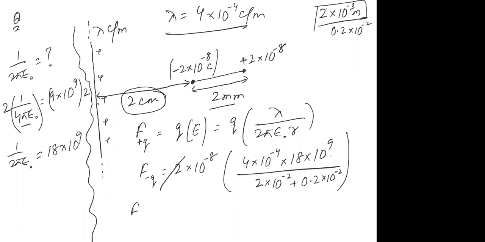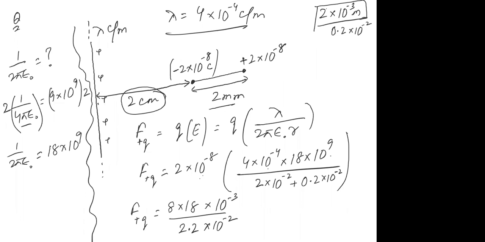So F plus of Q will become equal to, don't cancel out this 2 now. So this will become equal to 8 multiplied by 18 into 10 to the power minus 12, divided by 2.2 multiplied by 10 to the power minus 2. Okay, sir? So now you can multiply 18 and 8 and divide it by 2.2.